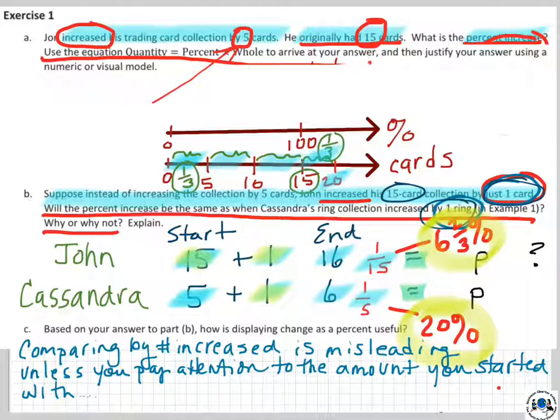You have to pay attention to the amount you started with, that original amount. This is why percentage is so useful, because percentage is always going to give you an amount that is relative to what you started with.